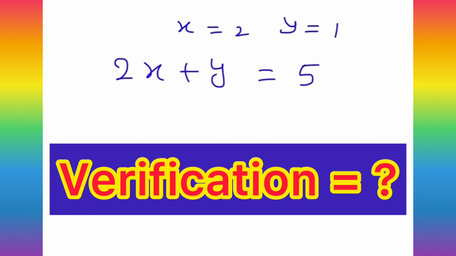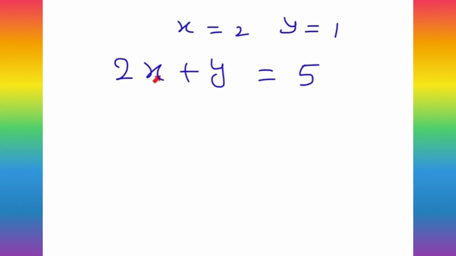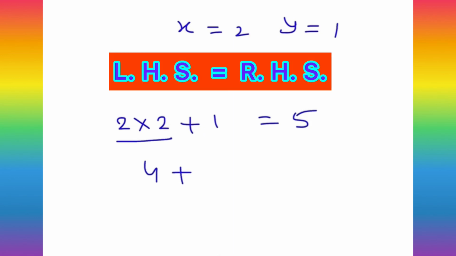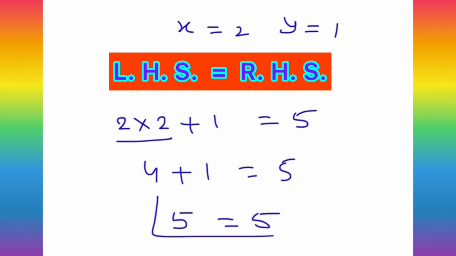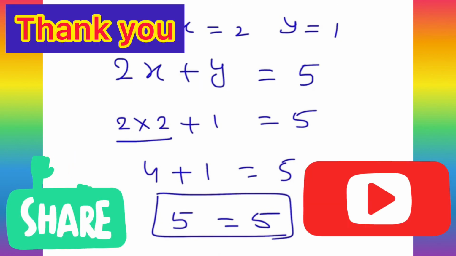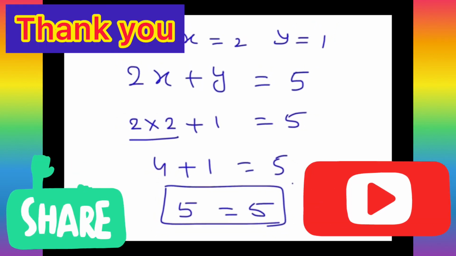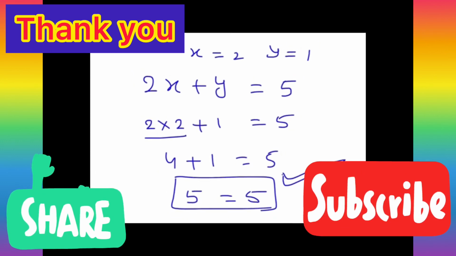So you put here the value of x in this place and the value of y in this place. So you will get 2 into 2 plus 1 equal to 5, same to same, and 2 2s are 4 plus 1 equal to 5. So 4 and 1, that is 5 equal to 5. Since left hand side equals right hand side, hence your solution is correct.